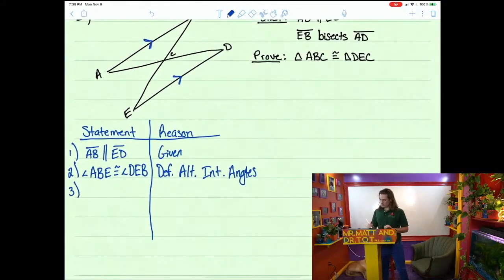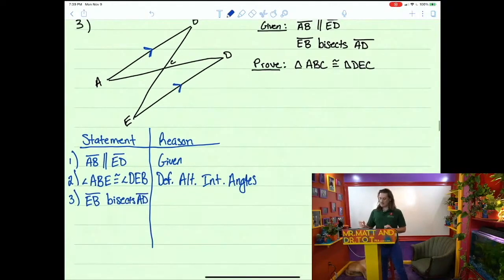For 3, they say that line segment EB bisects line segment AD. So if EB bisects AD, that means that AC has to be congruent to CD. And that's the definition of a bisector.